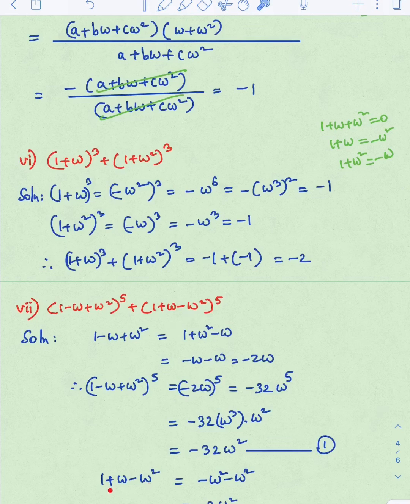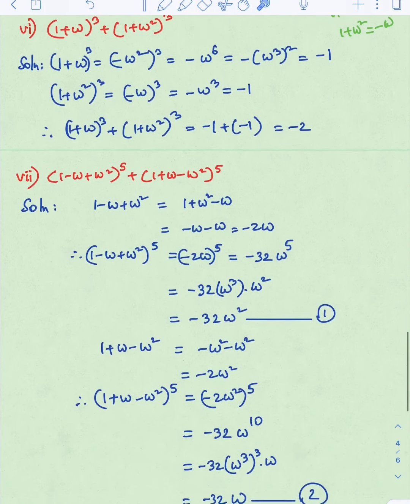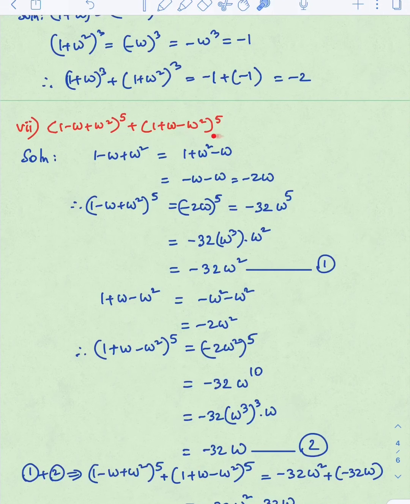And now let us see second one. 1 plus omega minus omega square. What is value of 1 plus omega? Go and see. 1 plus omega is minus omega square. Minus omega square is kept here. This minus omega square is already there. There are 2, minus 2 omega square. So here also in the question it is power 5. So put power 5 both the sides.